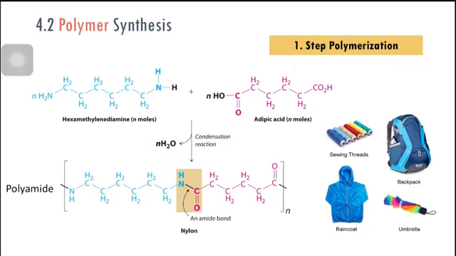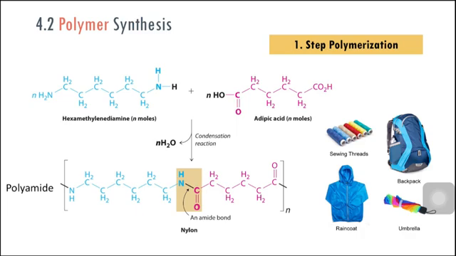The example of step polymerization is nylon. The nylon here is named nylon 66. It comes from the combination of hexamethylene diamine with the small molecule adipic acid, forming the amide linkage here.